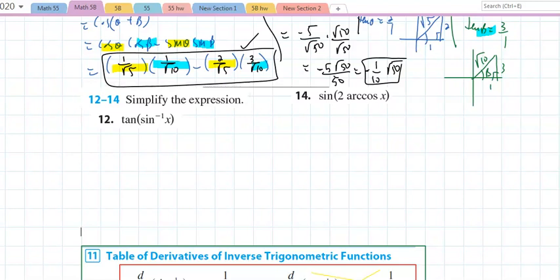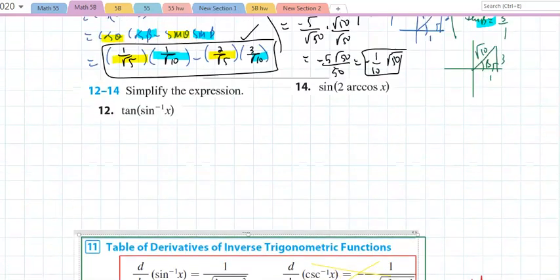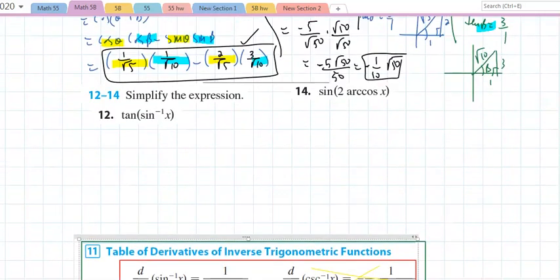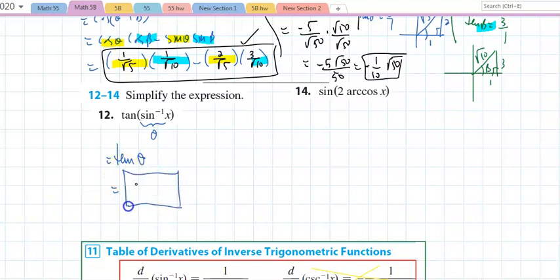If you've just taken trig, well, let's see how this works. If I'm looking at an angle, I don't know, and we really need to get this out of the way because this is coming up in 7.3 all over the place. This is an angle, which means I'm looking for tangent of that angle. I'm looking for the opposite over the adjacent. I go on the side and I say if theta is the inverse sine of x, the sine of theta will equal x over 1.